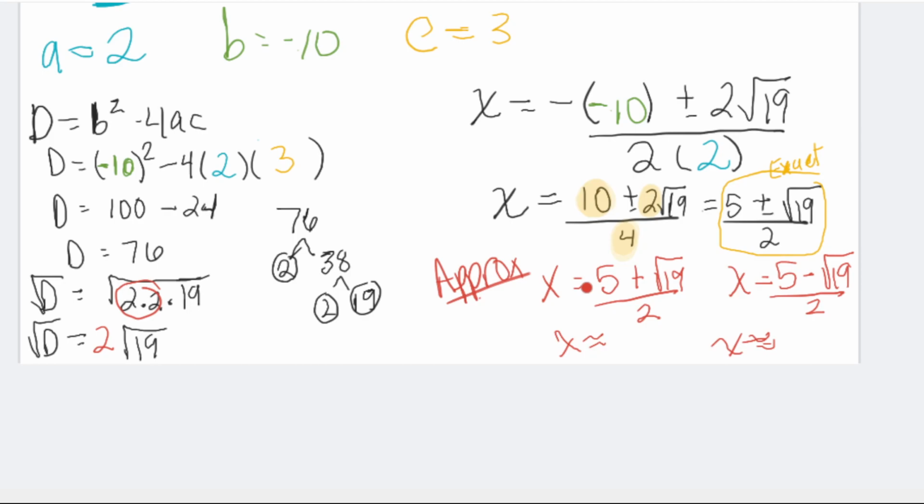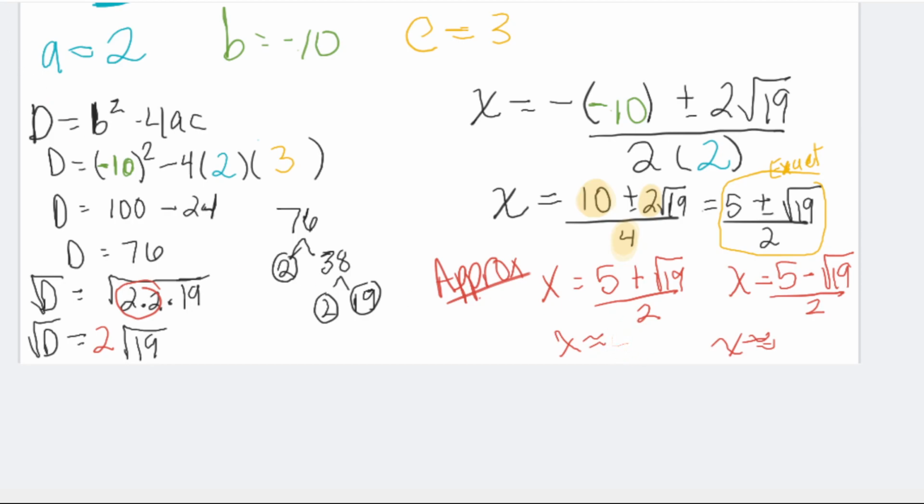In a TI calculator, some of you guys go 5 plus root 19 divided by 2. The calculator reads it from left to right. And so because of that, you have to be careful and you have to use grouping symbols. Or you have to find subtotals before you divide by 2.